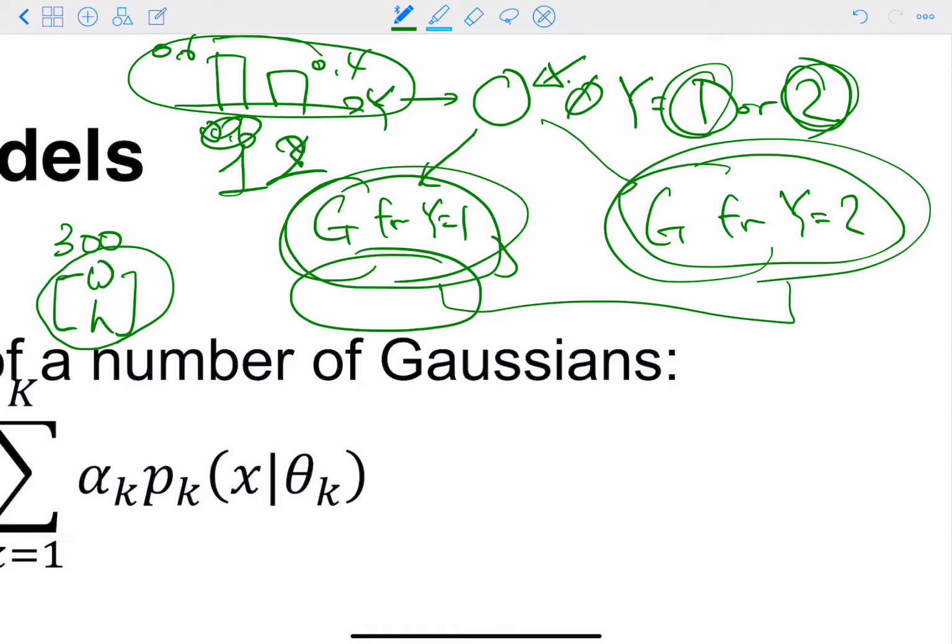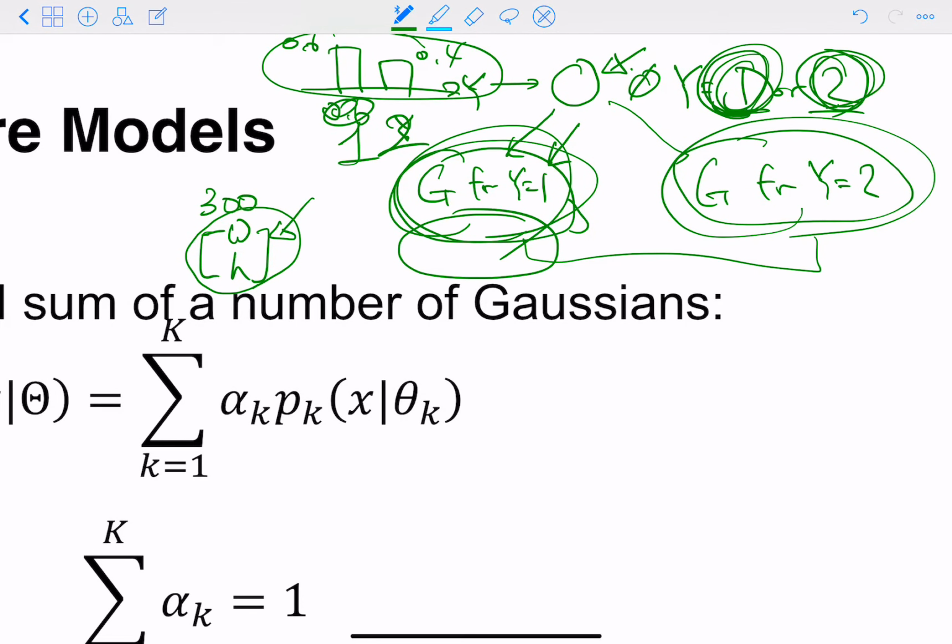We assume each of our data items is generated from one of these two Gaussians. In the generation process, in order for a data item to be generated, we first have to choose which Gaussian generates it.